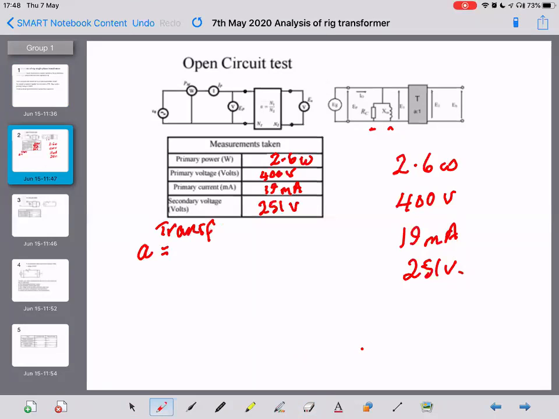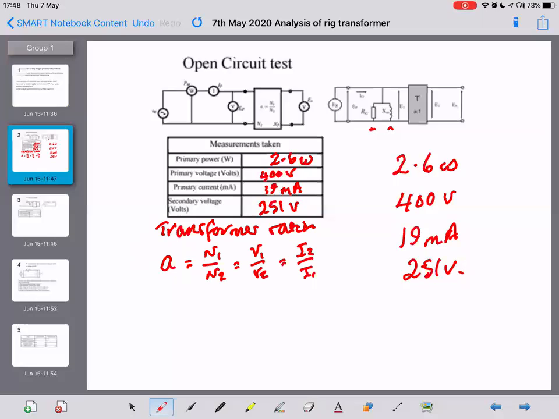You do the primary voltage divided by the secondary voltage. Don't need to square it. A is equal to, you get it either from N1 over N2 or V1 over V2 or I2 over I1, remember.